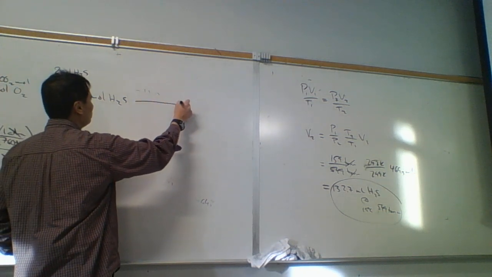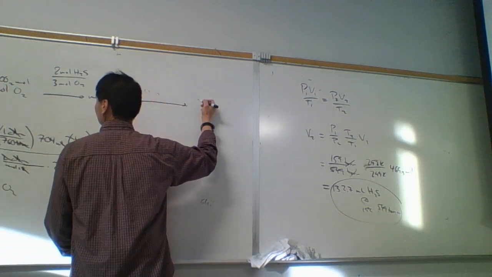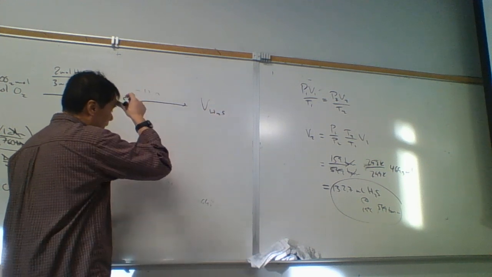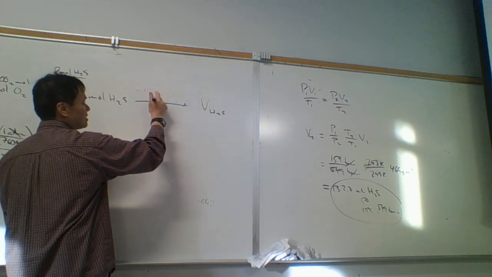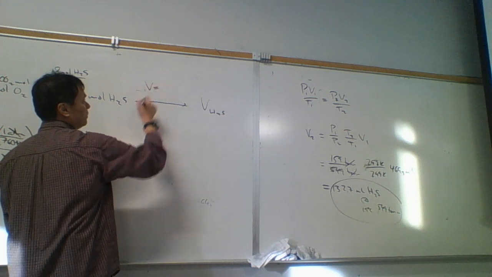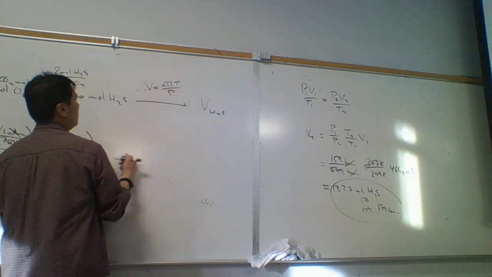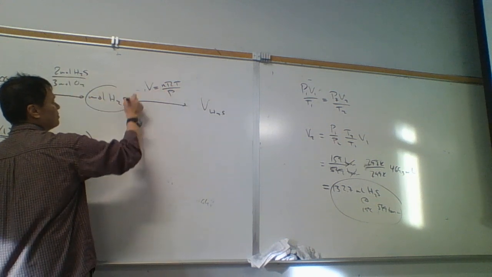And then I'm going to go from moles of H2S to volume of H2S, or the liters of H2S. Since you want to use the ideal gas law and not the molar volume, we'll go V is equal to nRT over P. In this case, we plug in the moles of H2S.